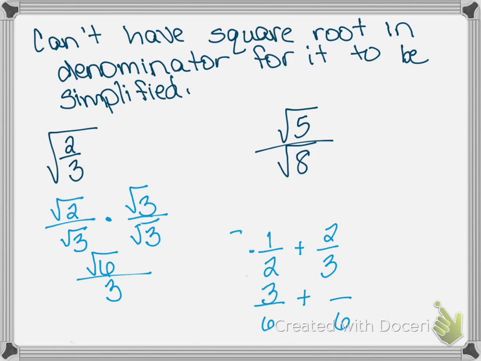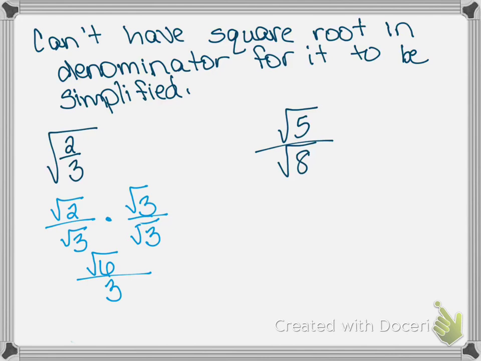What I've done here is I've multiplied this by 3/3. 3/3 is 1. Here I multiplied by 2/2. 2/2 is equal to what? 1. So the square root of 3 over the square root of 3 is also equal to 1. So that is what we are doing here.